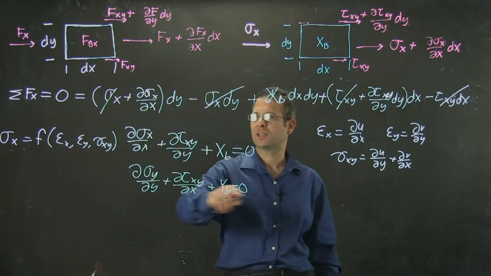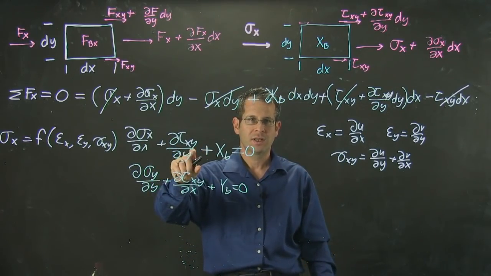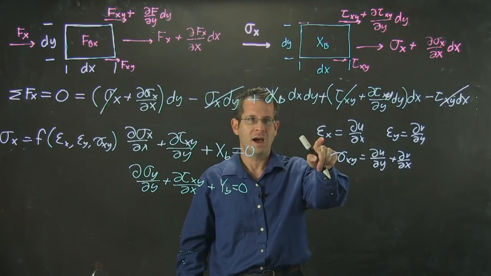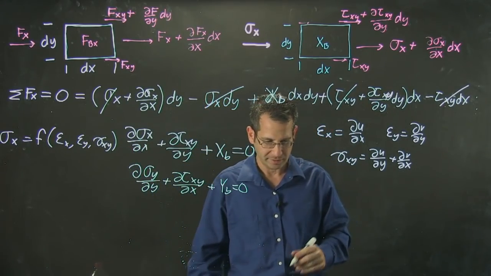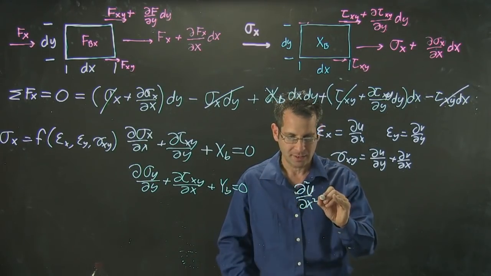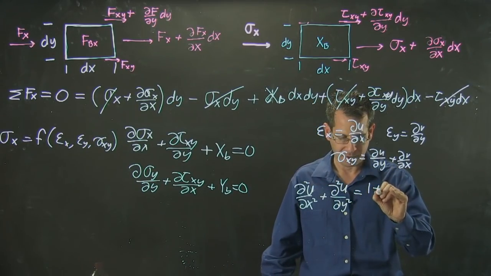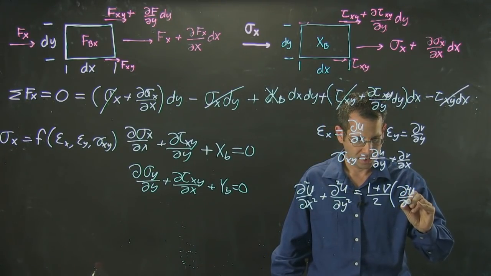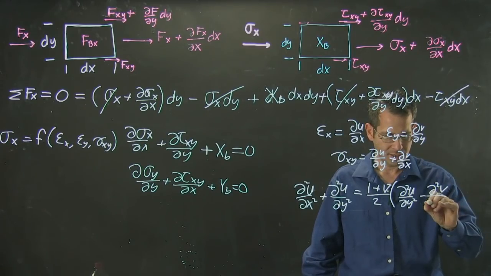Substituting in expressions for stress, for strain, and getting the appropriate Young's modulus or Poisson's ratio out of these terms, and then substituting in the derivatives in terms of u and v, I can rewrite these equations as the second derivative of u with respect to x plus the second derivative of u with respect to y is equal to (1 plus Poisson's ratio) over 2 times d squared u dy squared minus d squared v dx dy.